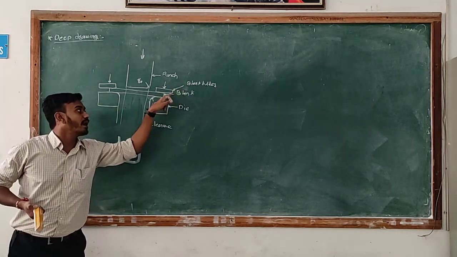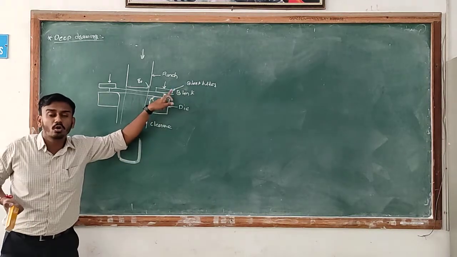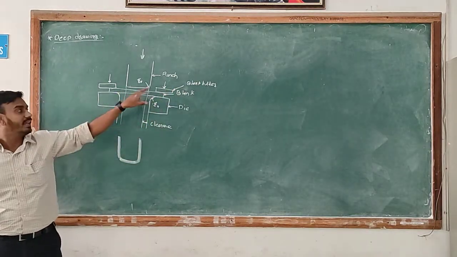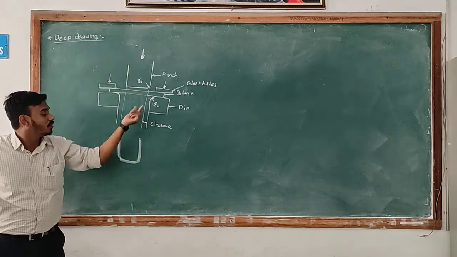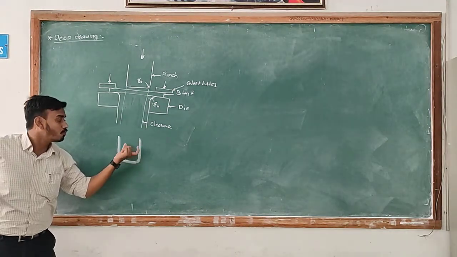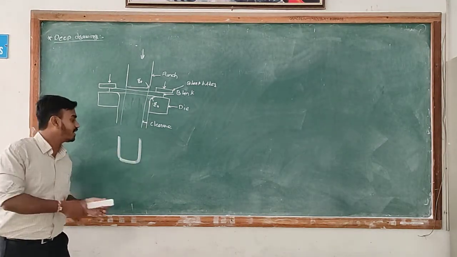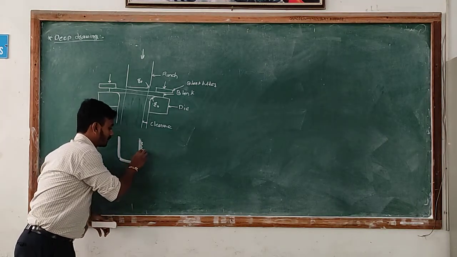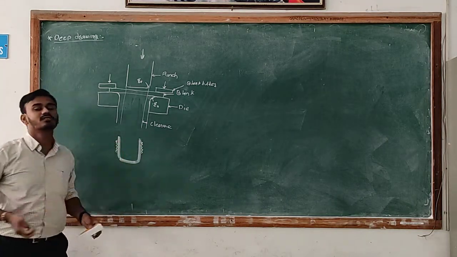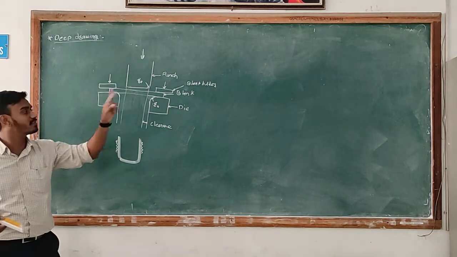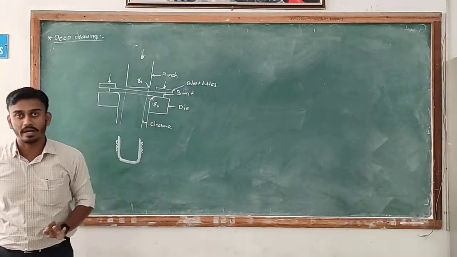If we do not provide the blank holder, then the output we obtain will have wrinkles on its outer surface. To avoid these wrinkles, the blank holder is provided.